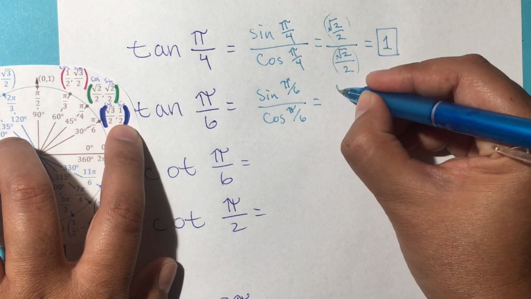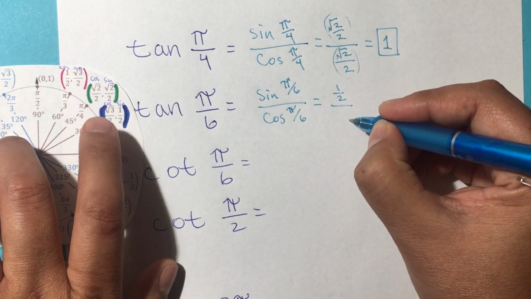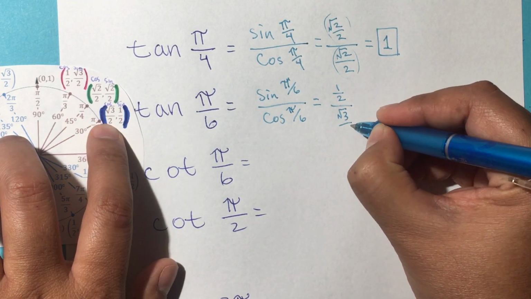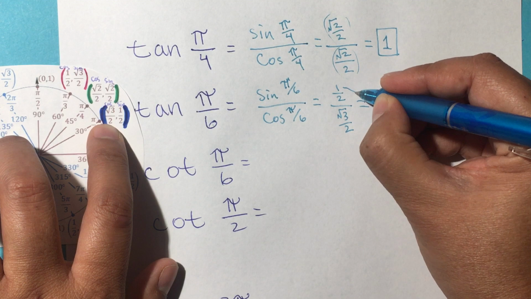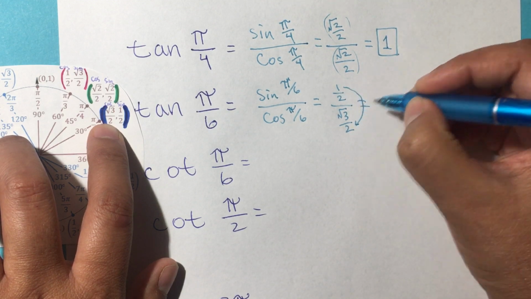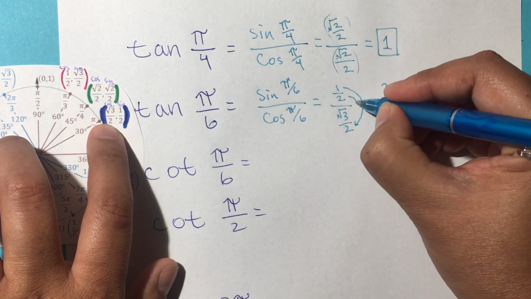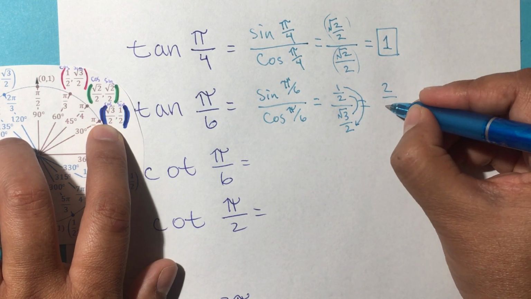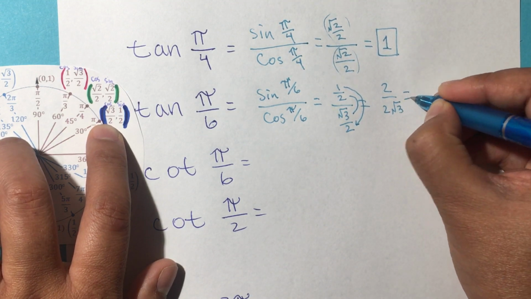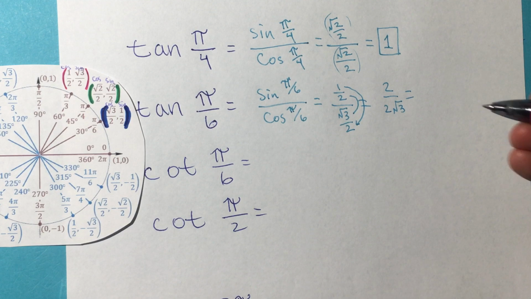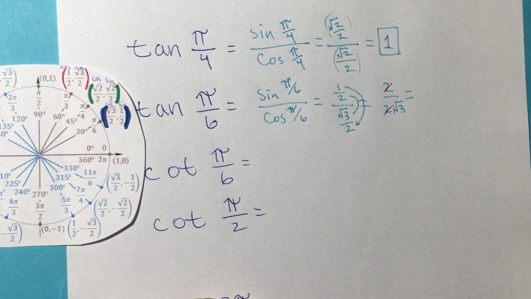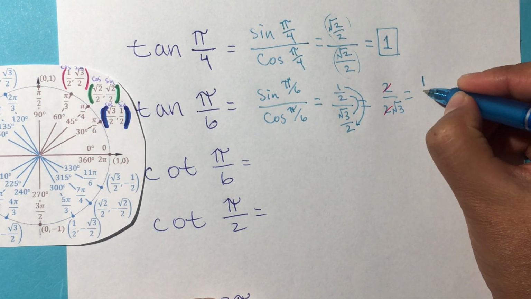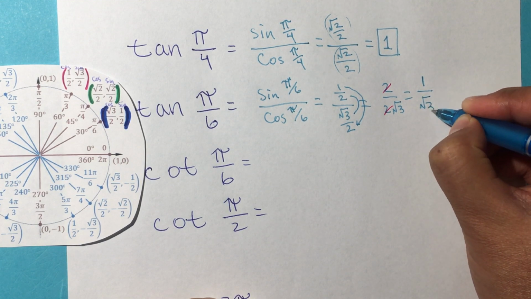Sine is 1/2 divided by square root of 3 over 2. Outer values, 1 times 2 is 2. Inner values, 2 times square root of 3. The 2 cancels, and 2 divided by 2 is 1 over the square root of 3.